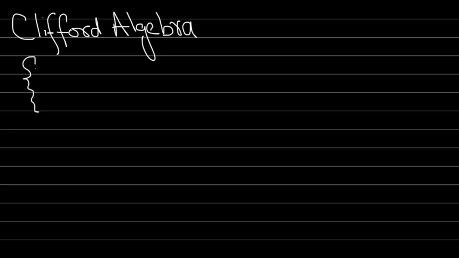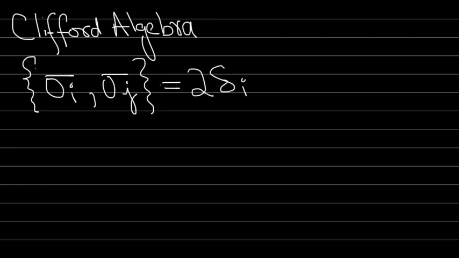So we can write the Clifford algebra for the spinors, that is sigma i sigma j anti-commutator is equal to 2 times delta ij, where i and j in this delta are the space indices, times the 2 by 2 identity, right?